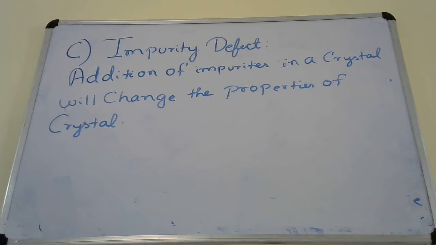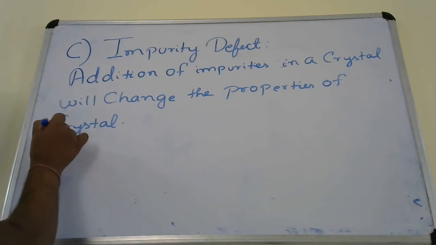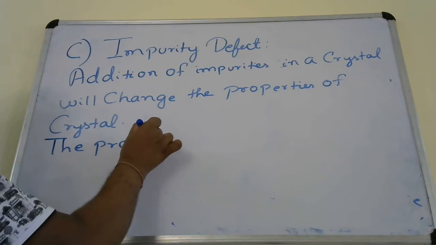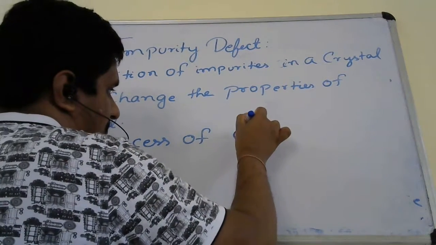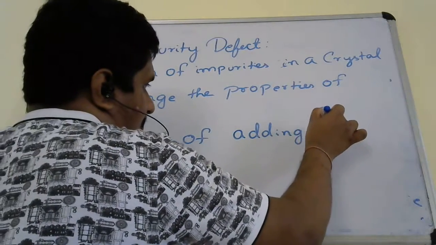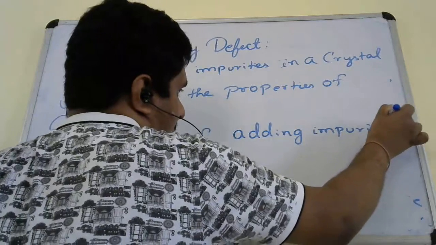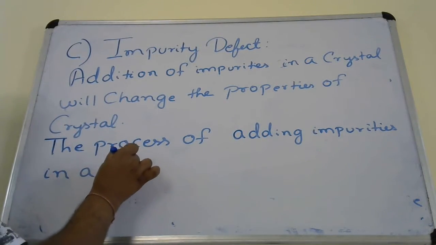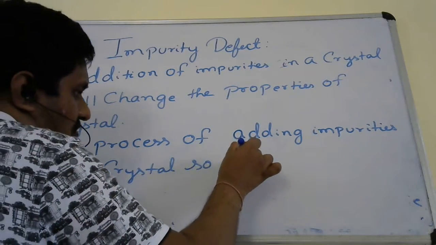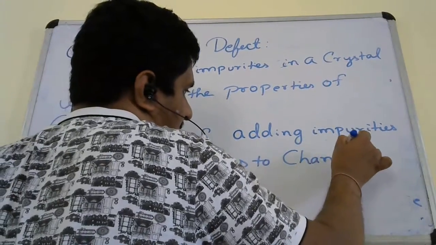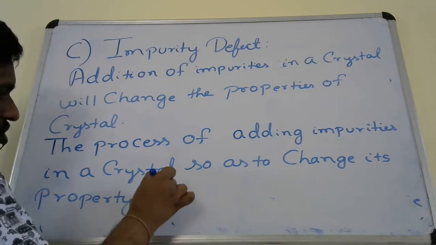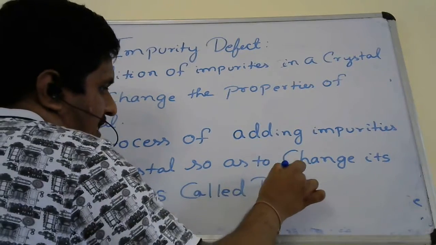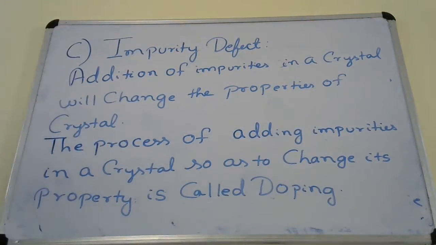So this process of adding impurities in a host lattice is called doping.